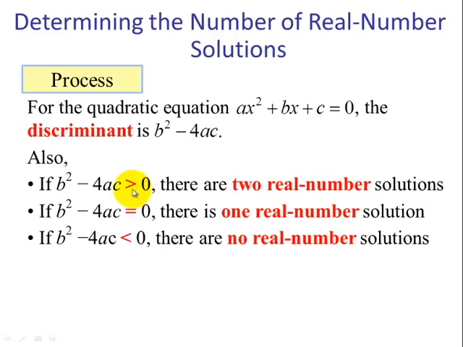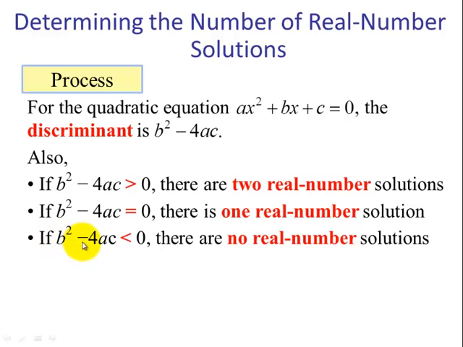If the discriminant is greater than 0, there will be two real number solutions. Because this is a positive number, you take the square root of a positive number and you get a real number. If b squared minus 4ac equals 0, then the square root of 0 is 0, which is one real number. So we will have one real number solution.